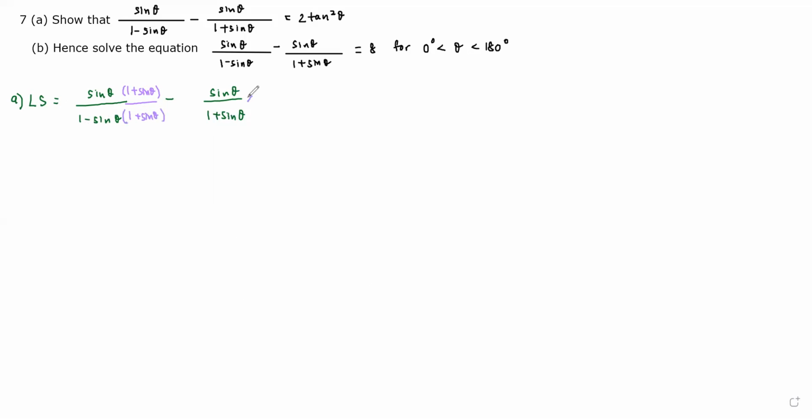And we multiply the second term by the denominator of the first term, which is 1 minus sine theta over 1 minus sine theta. The numerator becomes sine theta (1 plus sine theta) minus sine theta (1 minus sine theta), all over (1 minus sine theta)(1 plus sine theta).